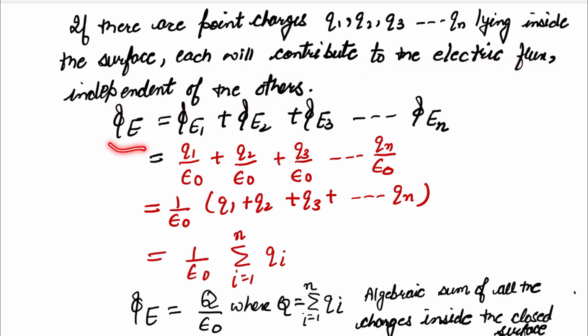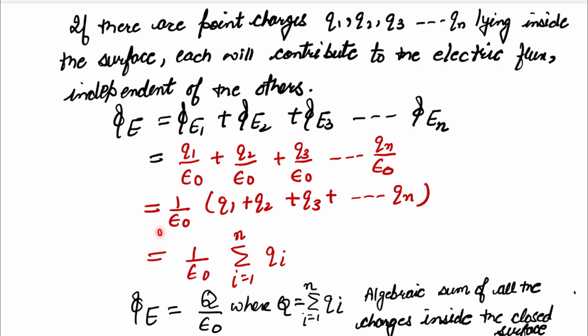So phi E can be taken as phi E1, the contribution to the electric flux from the charge Q1. Then phi E2 is the contribution to the net electric flux from the charge Q2. Similarly, phi E3 and phi En. So it will be given as Q1 divided by epsilon naught, and phi E2 will be Q2 divided by epsilon naught. We are implementing Gauss theorem here.